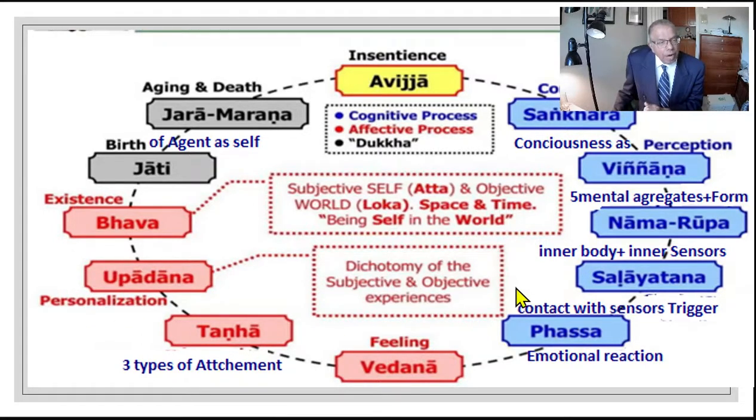This world is mine. The dichotomy of the world, the subjective-objective split, takes place because you held onto it, and that is the one creating the self person. It can be a person of godly quality or animal quality, and that is determined by the bhava, or the existence, that comes to be. And the moment that happens, then the birth of an agent with a self has taken place, and that agent has a jati, there is a birth.